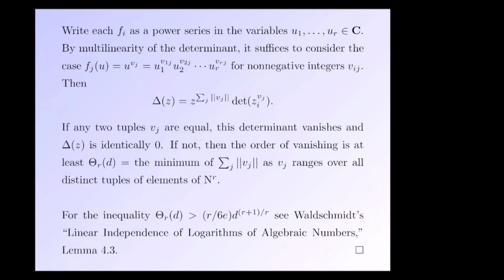You just take, instead of evaluating at zi, this function, you evaluate at zi times z, right? So what happens if I scale these all by z? I just get z to the power of the sum of these exponents. And that sum of the exponents is what I write here as the norm, the double line of vj. This is the sum of the vij.